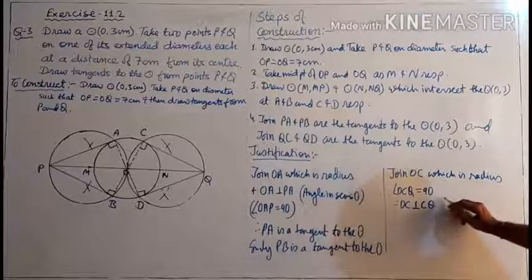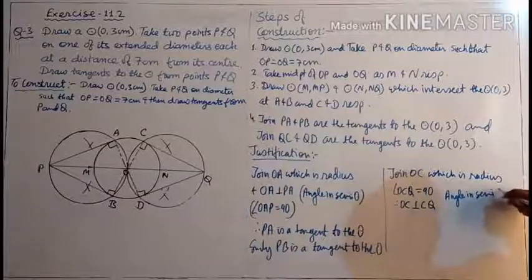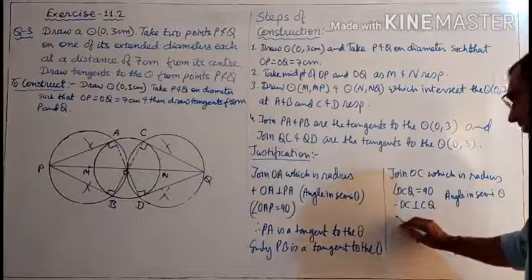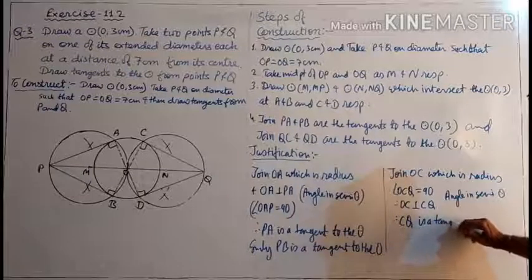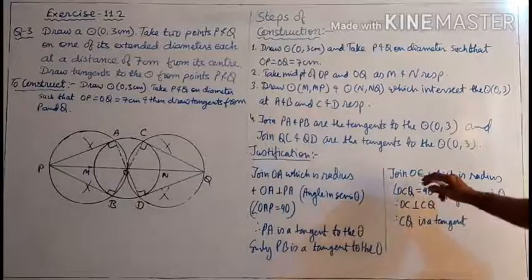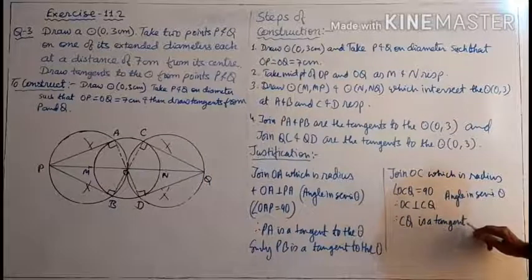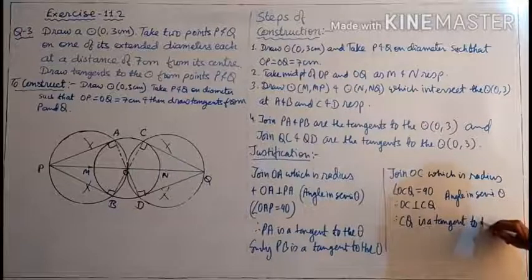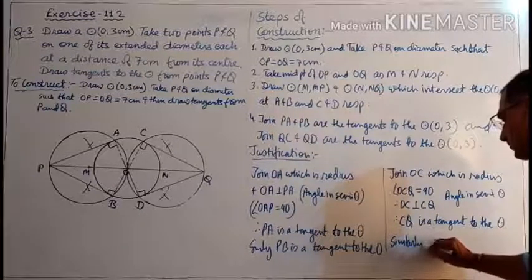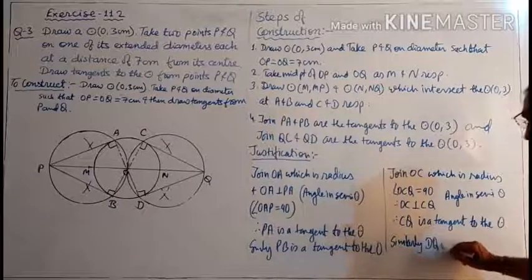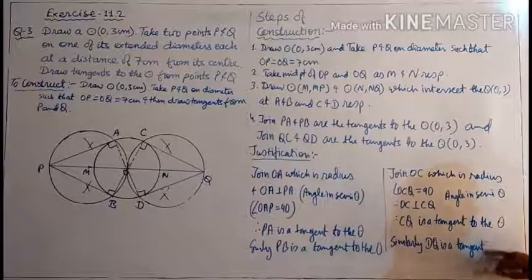Here, angle in a semicircle is a right angle, and therefore we can say CQ is a tangent, as it is perpendicular and forms a right angle to the radius at the point of contact C. Similarly, DQ is also a tangent to the circle.